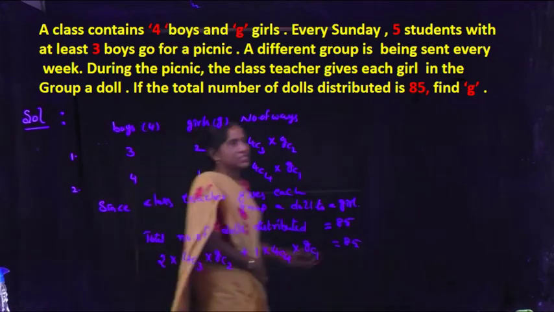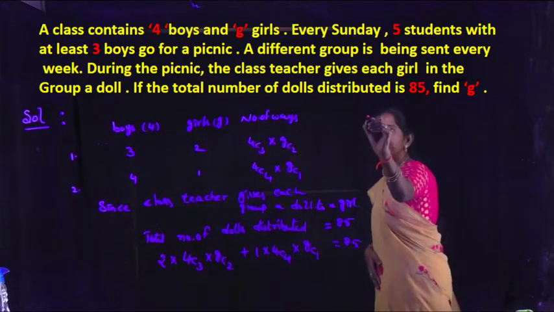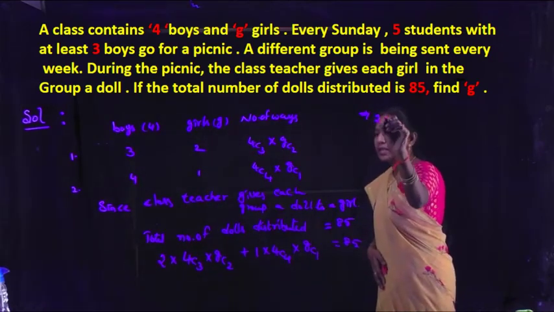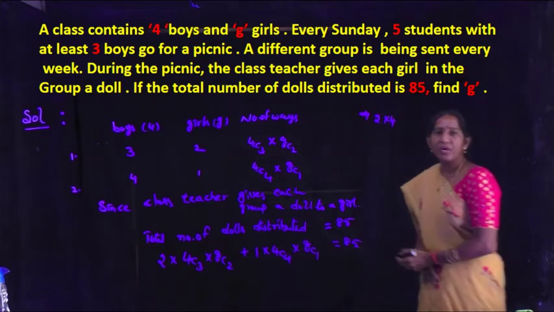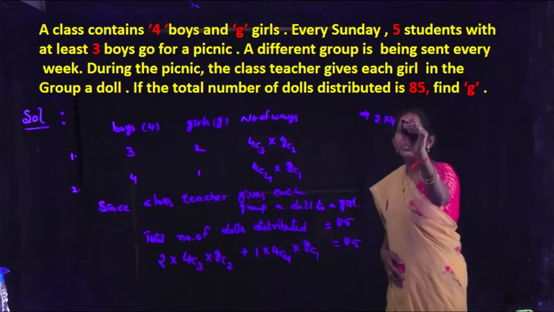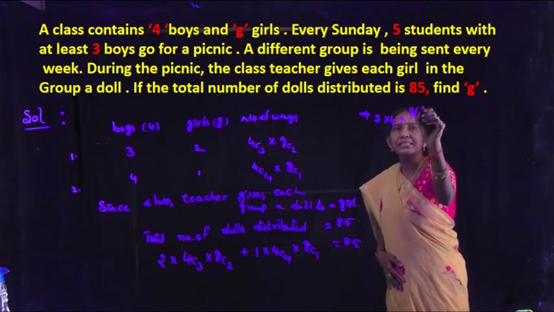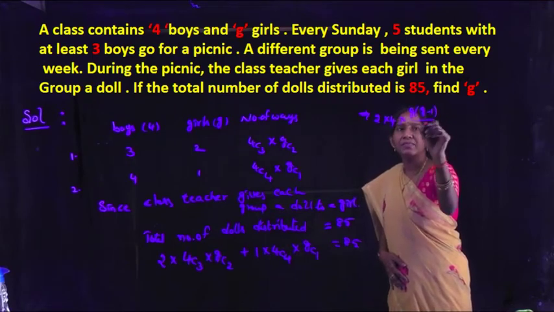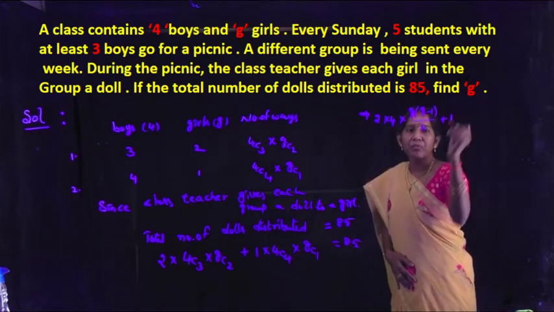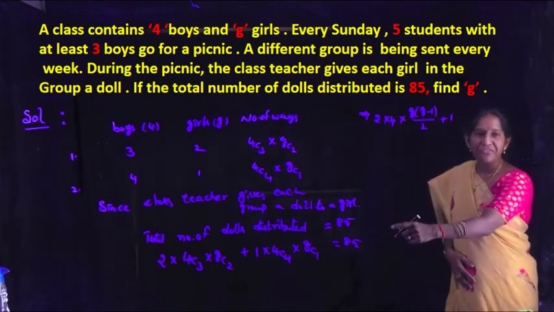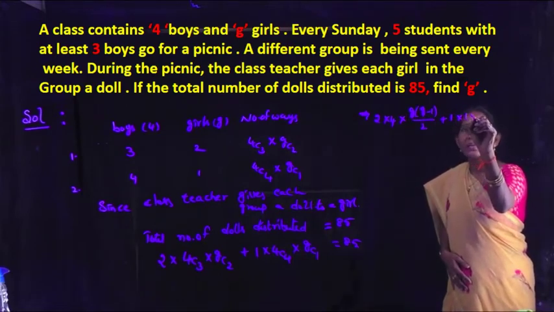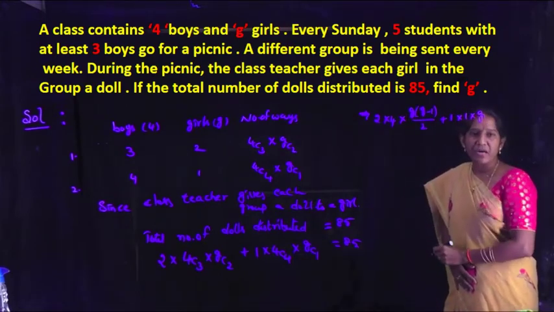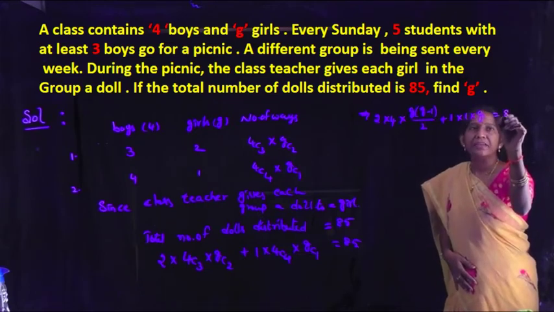Doing simplification here, then it is 2 into value of 4C3 is 4 into GC2 is G into G minus 1 by 2, plus 1 into value of 4C4 is 1. Value of GC1 is G, that is 85.